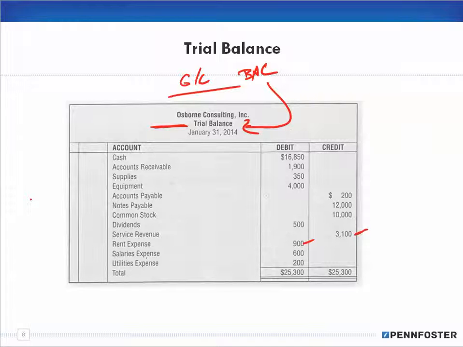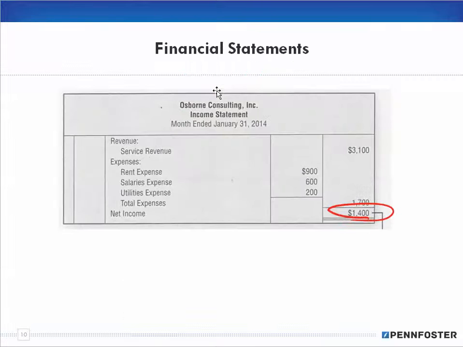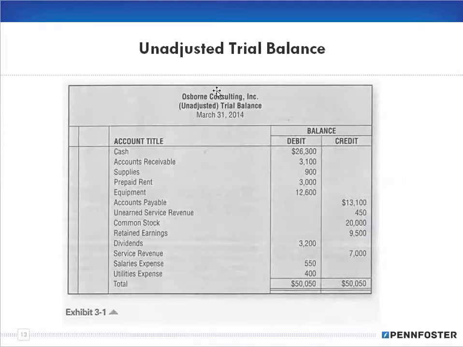A trial balance is a tool, and whatever its name is tells you where you're at in the process. At the end of the accounting period, once we've posted everything into our general ledger accounts, we create an unadjusted trial balance.